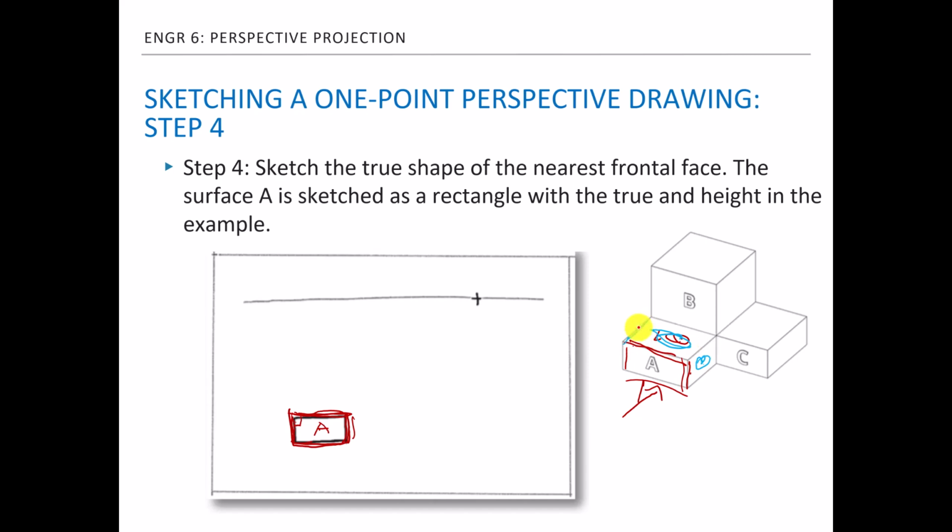But think about it, these two lines, and also these lines, they're all parallel to each other. Okay, so these are parallel to each other, and also the direction of the lines is parallel to my eye direction. Okay, so that's the principle we talked about. If any parallel lines in the object have a direction parallel to my eye direction, they're all going to converge to this vanishing point.